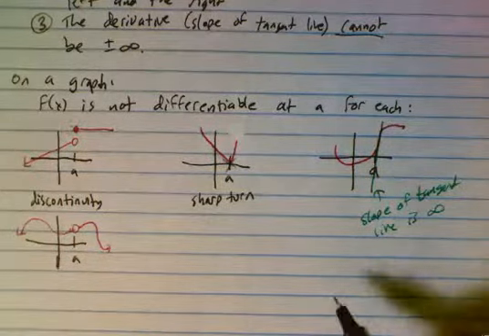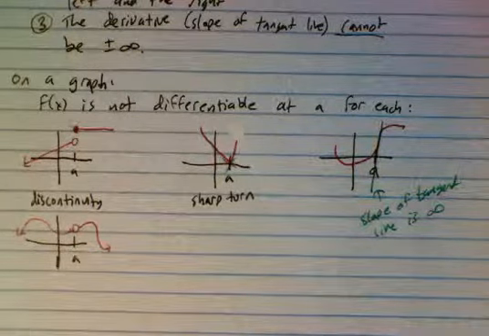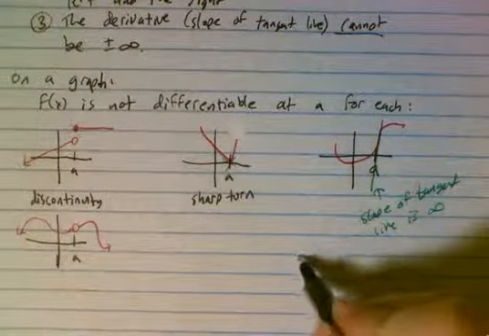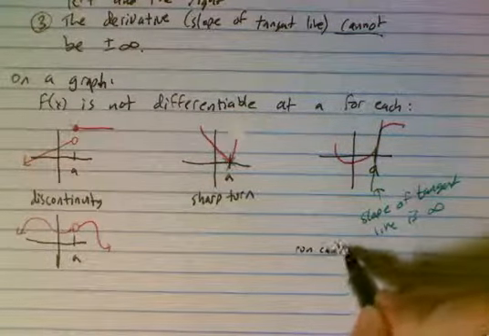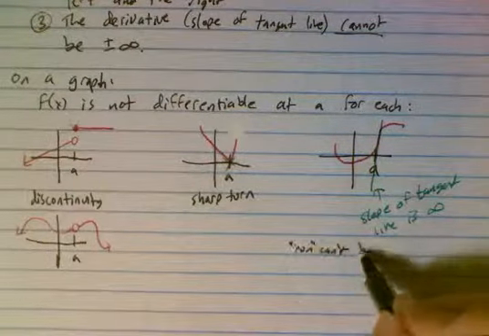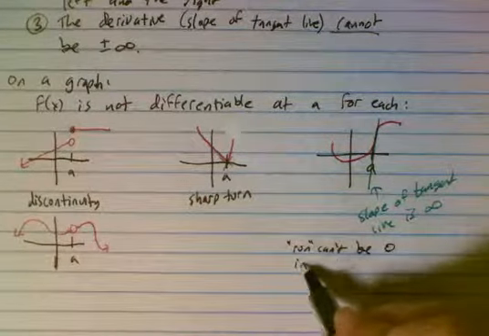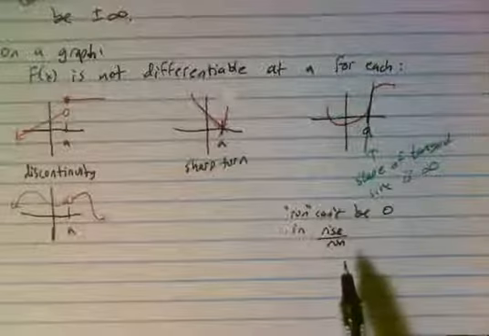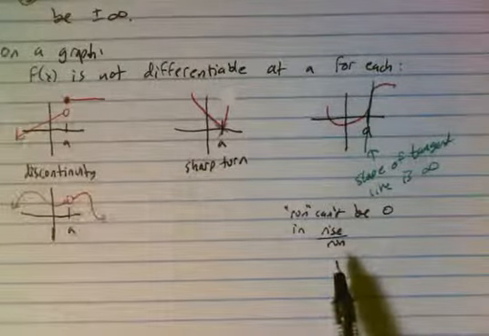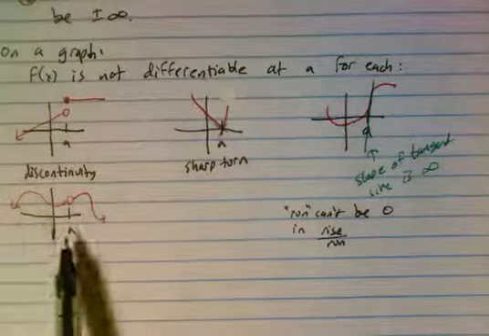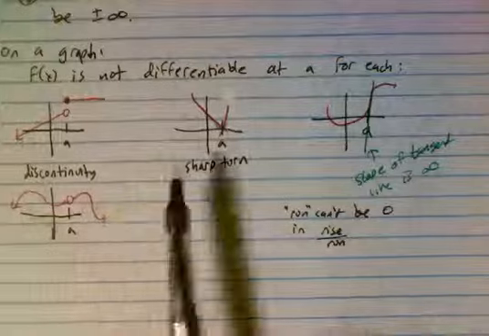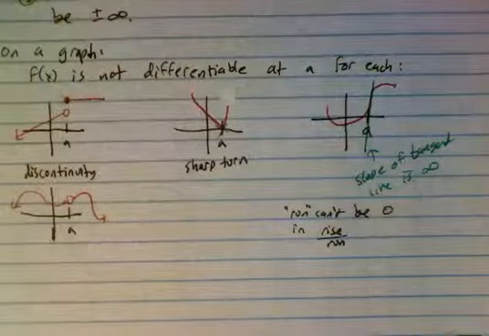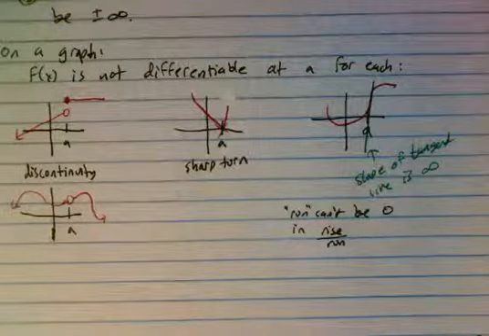Basically, when we find the slope with a run of 0, we're dividing by 0. If that run is 0, we have division by 0. Not allowed to have that happen. So these are the three things to look for: discontinuity, a sharp turn, or an infinitely sloping tangent line.